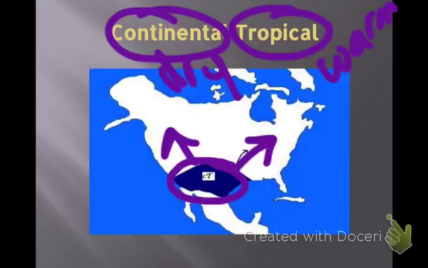And it always comes with the moisture first, whether it's wet or dry, and then the temperature, whether warm or cold. So you're either going to have continental or maritime first, then tropical or polar second. Okay? And you can never have a polar tropical air mass. That doesn't make sense. It can't be both warm and cold at the same time. It's one or the other. Okay? All right, moving on.